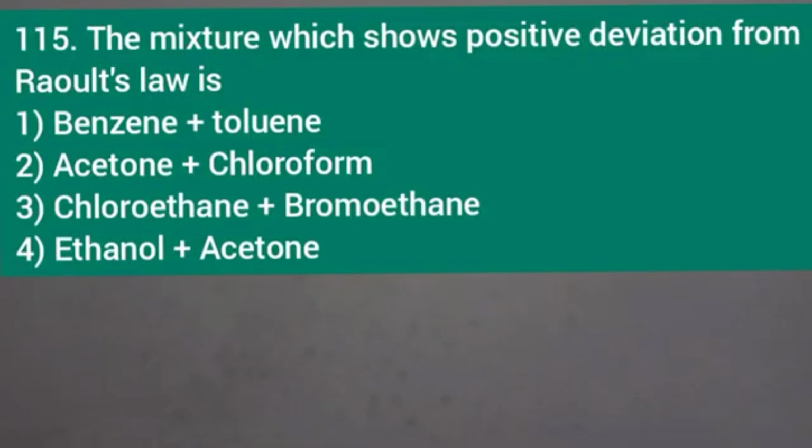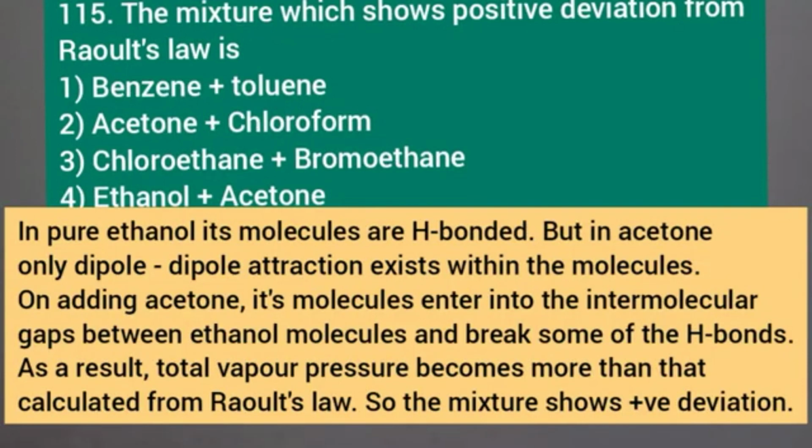Question number 115. The mixture which shows positive deviation from Raoult's law is option 1 benzene plus toluene, option 2 acetone plus chloroform, option 3 chloroethane plus bromoethane, option 4 ethanol plus acetone. In pure ethanol, its molecules are hydrogen bonded, but in acetone, only dipole-dipole attraction exists within the molecules.